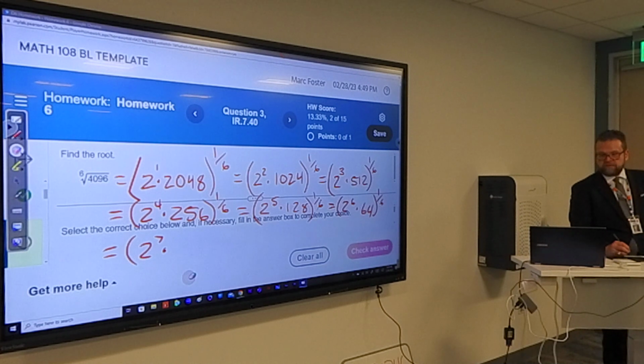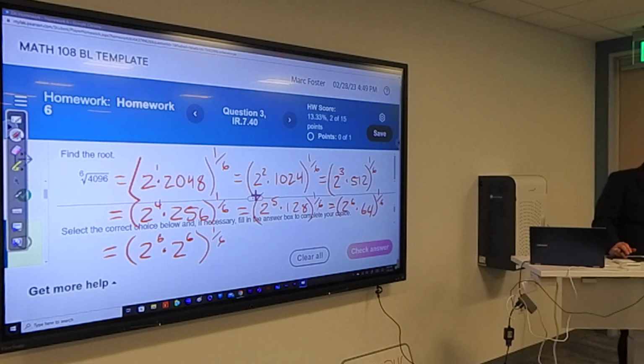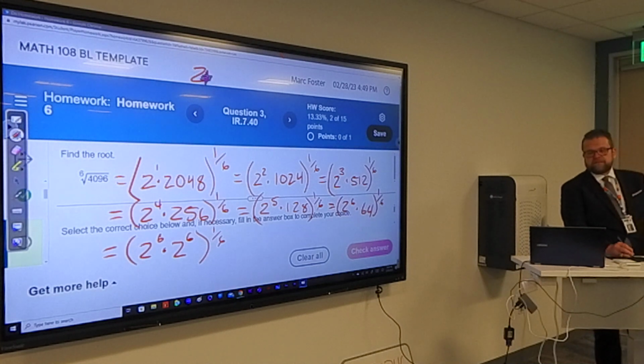64 is just 8 times 8, right? 8 itself is 2 cubed, right?